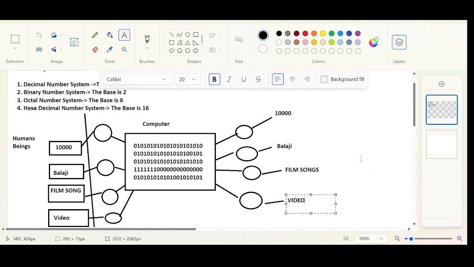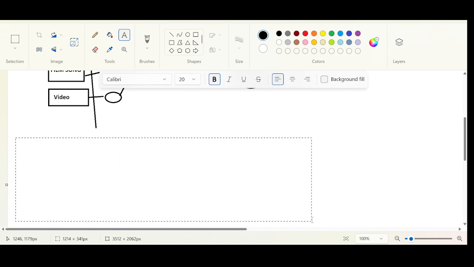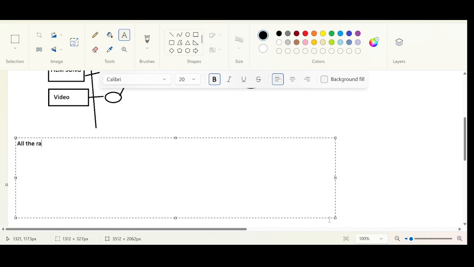So the takeaway is very simple. I can simply write it like this. All the raw data understandable by humans will get converted to the respective binary data. Binary data is nothing but a sequence of data with zeros and ones.